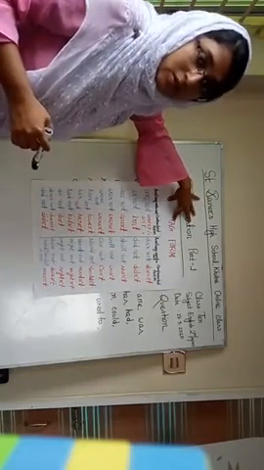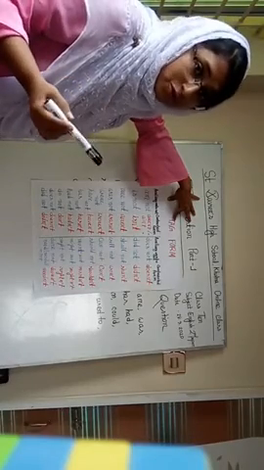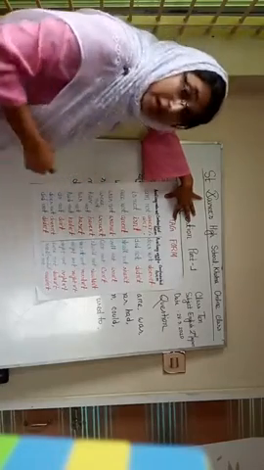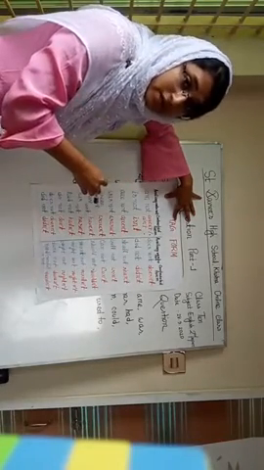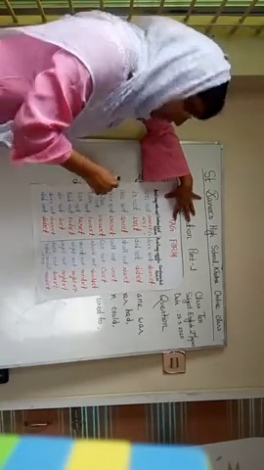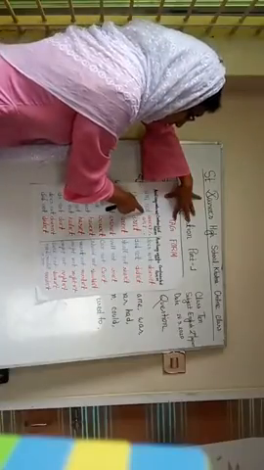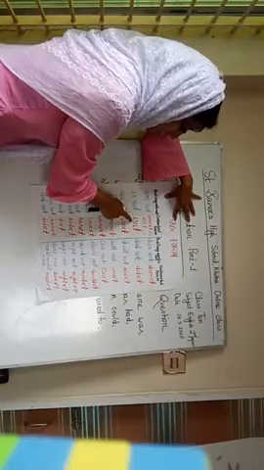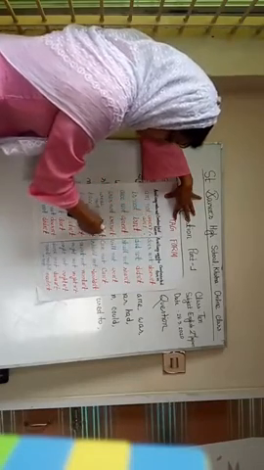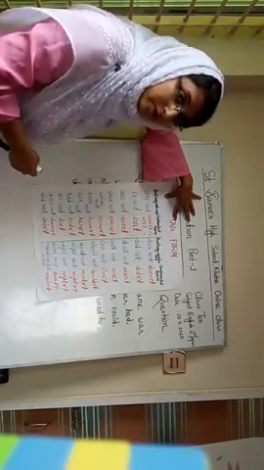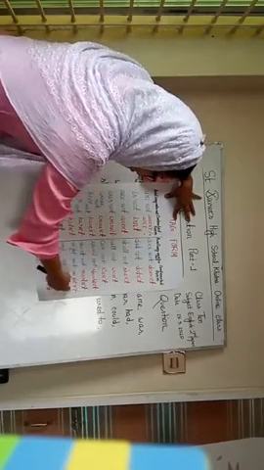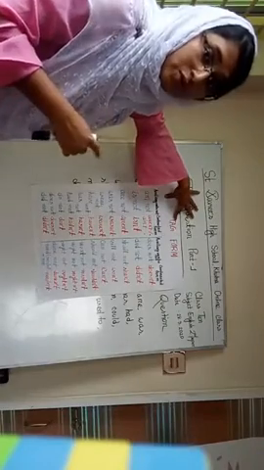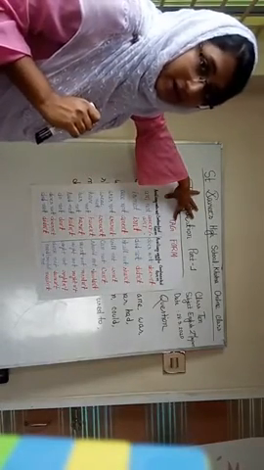That means which I have to use to do tag question. First one, dear students, please note it down with me. Am not, aren't or ain't, is not, isn't. You have to use this short form to do tag question. While we do the rule, you will get the clear idea.